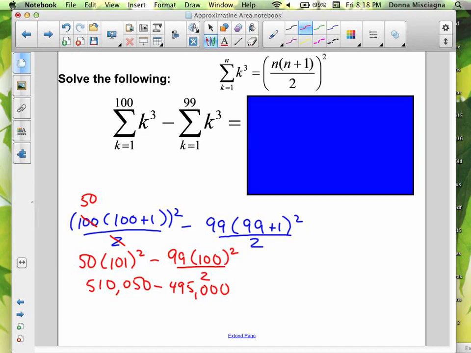I'm just going to double check my subtraction on the calculator. Oops, well, it doesn't help if you leave out a 0, does it? Yes, 15,050. When you get tired, sometimes you make silly little errors, and I didn't trust my math. So that would be our answer.